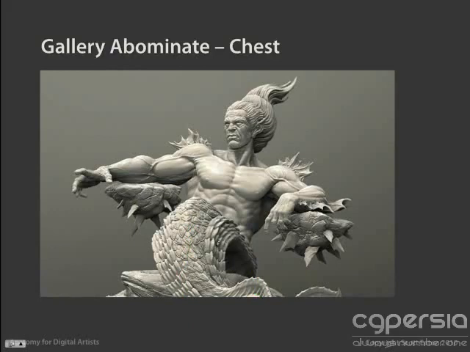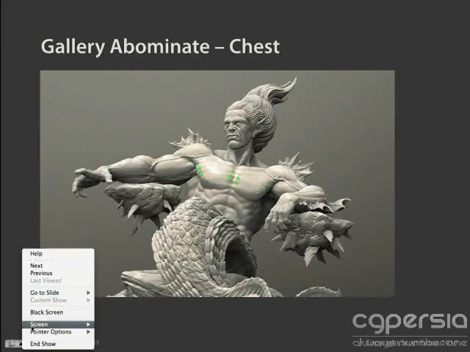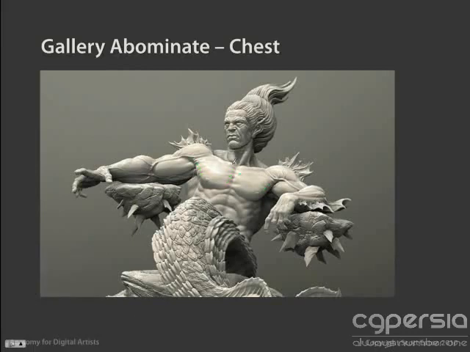He's in the Gallery Abominant because of something to do with his chest, which you might have expected. And hopefully you guys can look at this and think for yourselves for one minute why I would put him in. The major reason is that he's done a lot of indicating on these striations of chest fibers, but they don't actually support any of the construction that we know of the pectoral muscles, from origin to insertion.